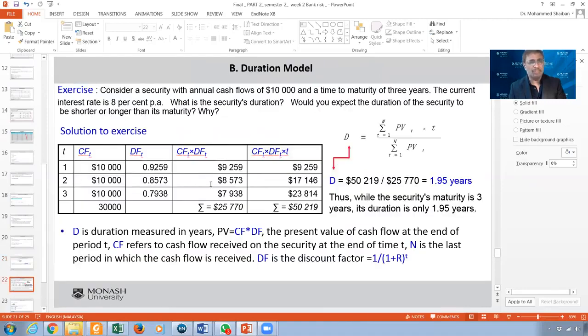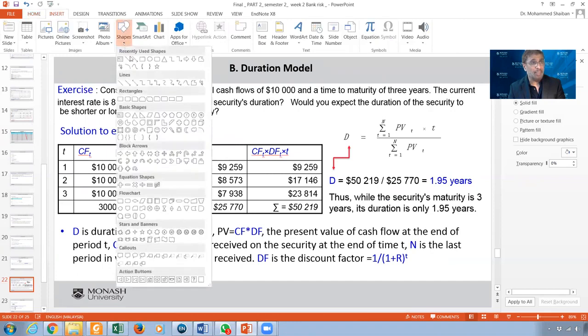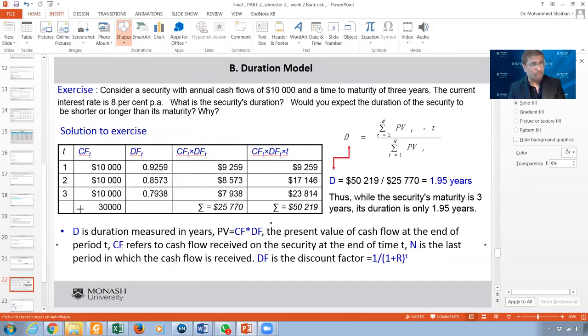Let me show you this example. If I have a loan of 30,000, this is the loan, my friends. This is very important to understand the duration model. It's very important. So this is the loan of 3,000 for 3 years. According to the repricing model, I will put this loan as an asset under the 3 years horizon.